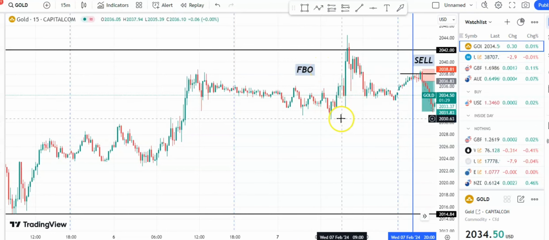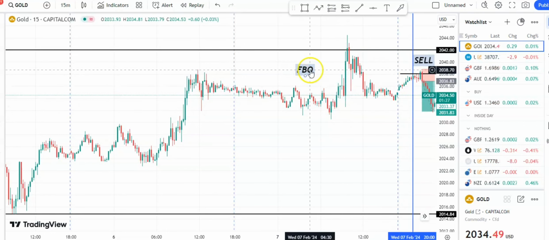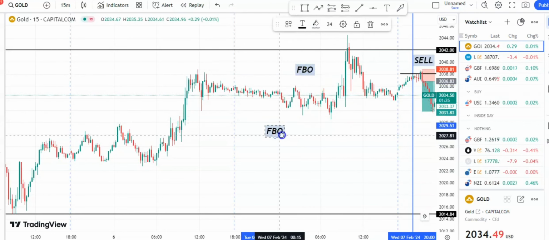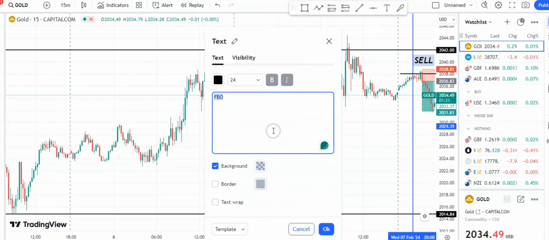Now, if I have a failed breakout, then I apply the signal day equation. The signal day equation says that if you have a failed breakout at the high, this is equal to sell next day. No question about that. That's the only thing that I'll be looking to do on the next day.